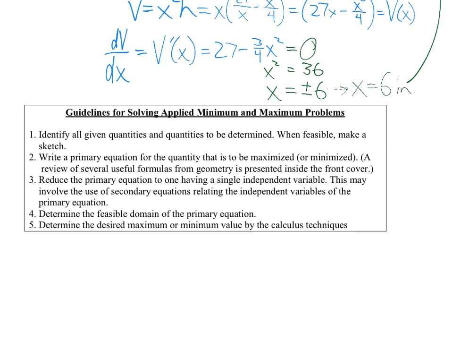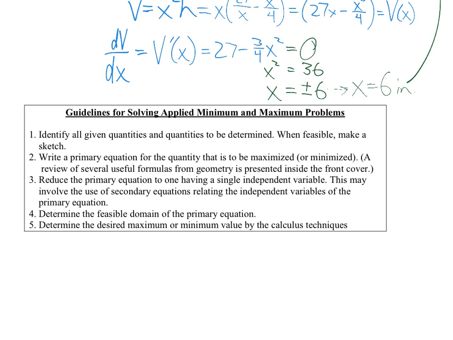You don't have to remember the formula for surface area of a box: perimeter of the base times the height would be around the edges plus the area of the base. You don't have to remember that. If you see the picture, though, you know how to find areas of squares and rectangles, hopefully, and you can piece it together. Then, number 2, write the primary equation for the quantity that needs to be maximized.